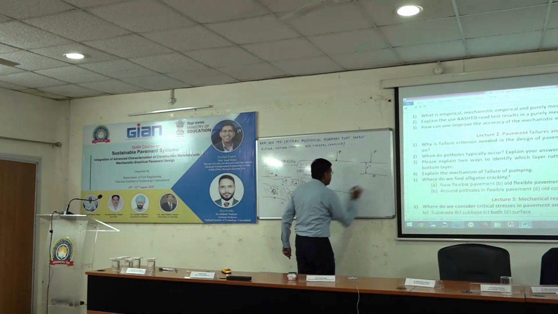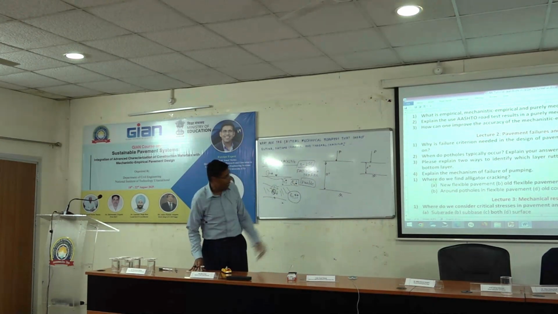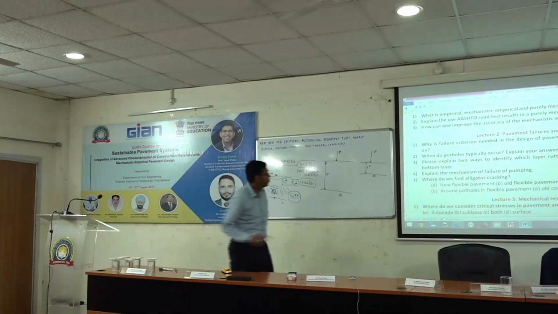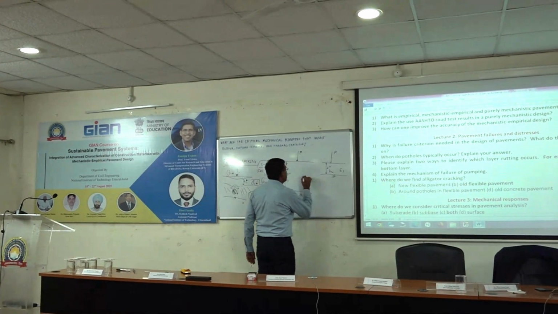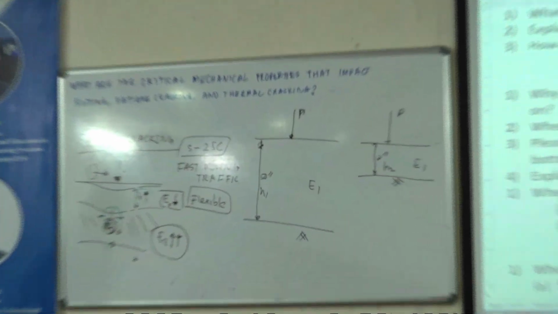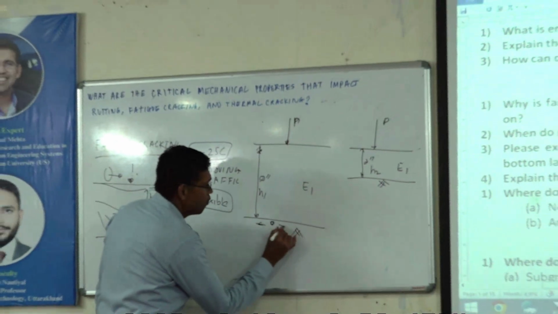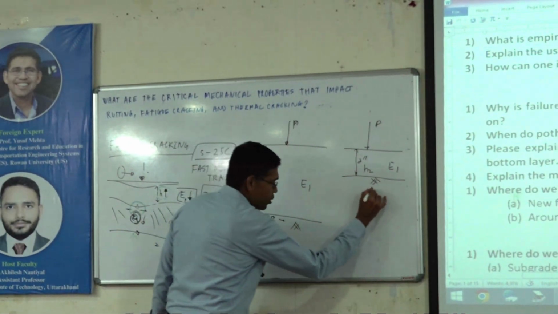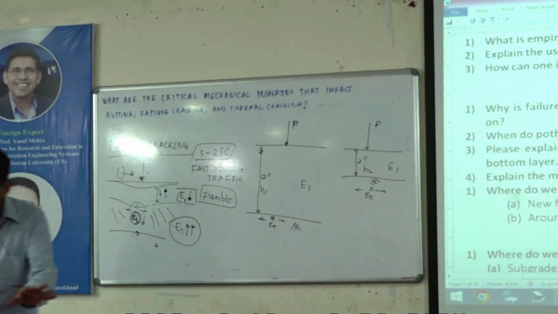That's it. Protecting the natural soil. Simple, right? I'm in this situation, with H1, H2, E1. Everybody with me so far? Tensile strain here. Tensile strain here. Correct? My goal is to prevent fatigue cracking.